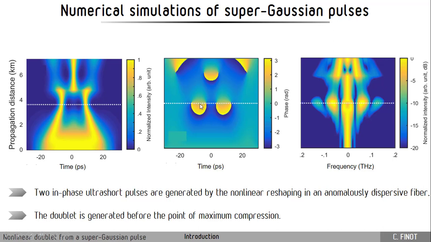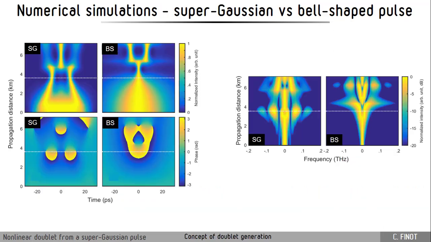Those two pulses are in phase. What is also nice is that this doublet is generated before the point of maximum compression, so we will not suffer from the drawback that I mentioned previously.